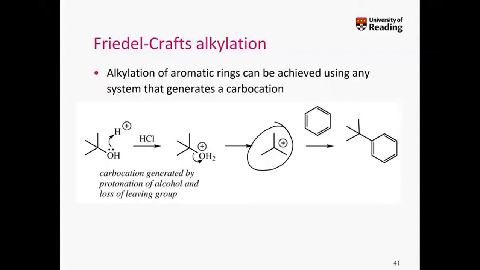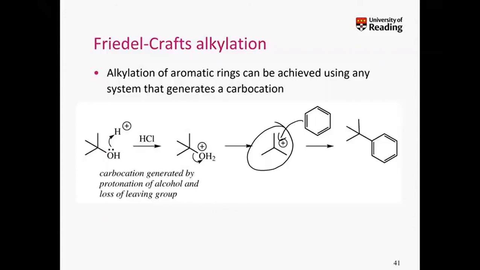We can add that to our ring, so we can use the electrons. So that's all I'm showing you there. I'm showing it quite quickly. It's just that you can generate carbocations in a number of different ways, and you don't have to just think of it as being RCl. There are other ways you can do it. You can do it from what looks like an sp2 hybridized carbon. You can do it from things which don't look like they would generate a carbocation.